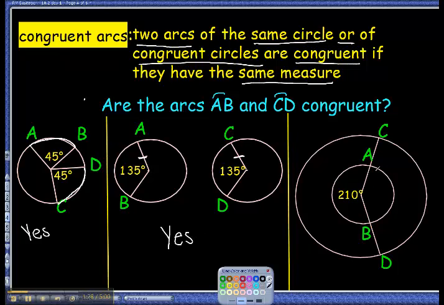Now, take a look here. Arc AB and arc CD. Those are definitely not on the exact same circle, and I know they're not on congruent circles because one's radius is part of a segment that's on the other's radius, so they're not the same radius either. So these two would not be an example of congruent arcs.